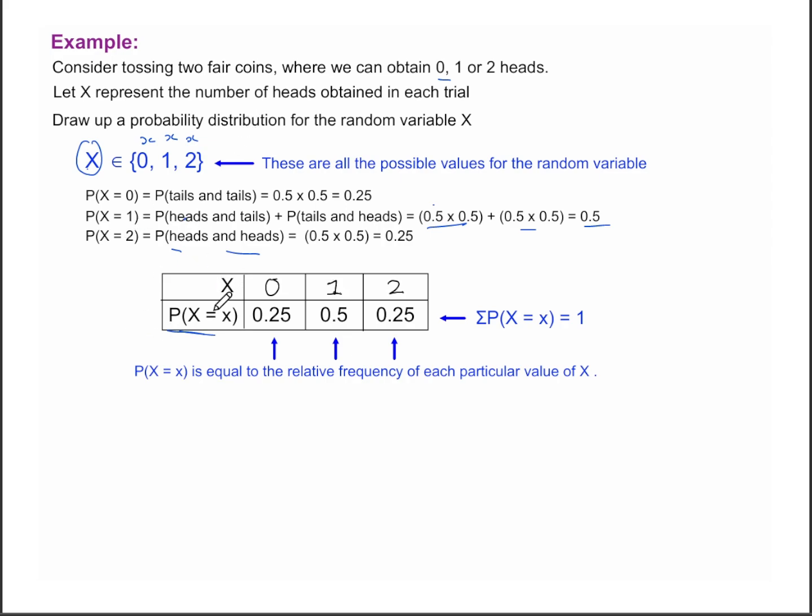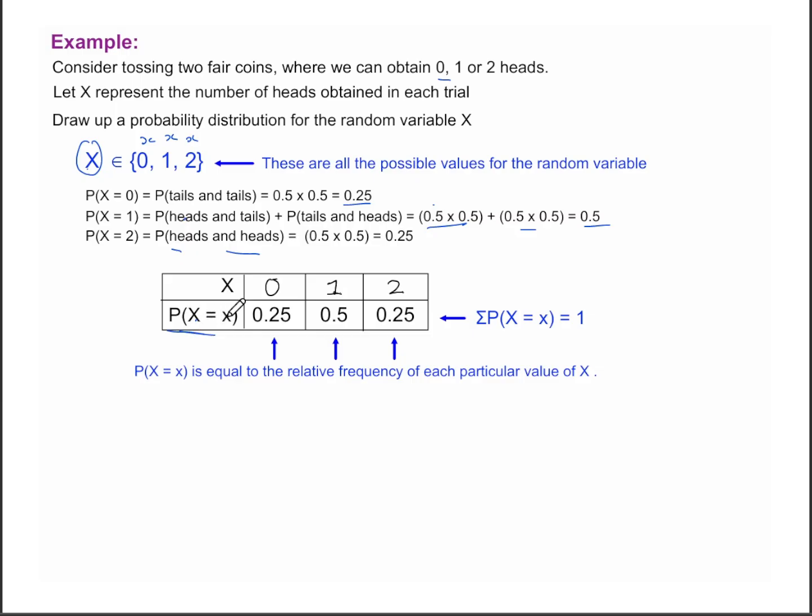And so when we are drawing up our probability distribution table, we have something like this. We have the random variable X, and we have the probability that the random variable is equal to one of the possible values. Remember, these are small x values. When the random variable is equal to 0, the probability of that is 0.25.